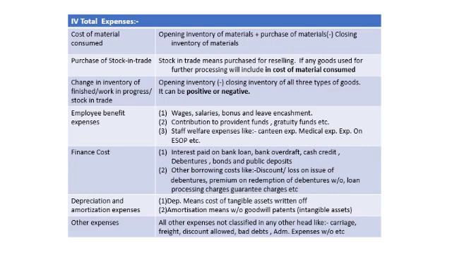Employee benefit expenses mean the wages, salaries, bonus paid to employees, and the leave encashment, and the contribution to the provident fund, gratuity funds, and the welfare expenses, canteen expenses, medical expenses, and the expenses on employee stock options. So these are the items related to the employee benefits.